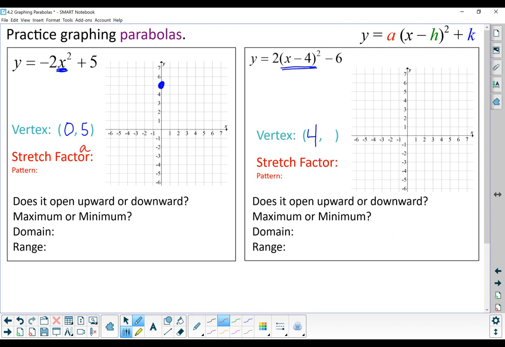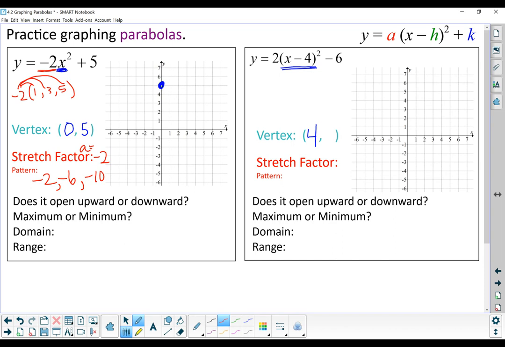Our stretch factor, our a value in our function is -2. So our pattern is normally a 1, 3, 5 pattern for a U shape, but we're going to multiply that pattern by a stretch of -2. So our pattern becomes -2, and then -6, and then if we had space, -10, but often we don't have space for the 10.